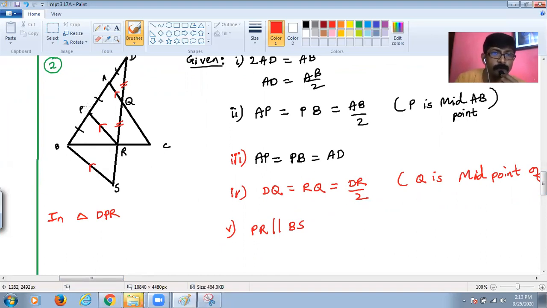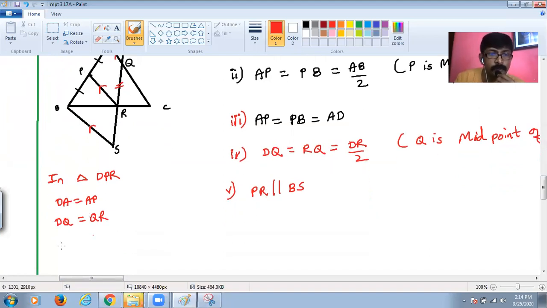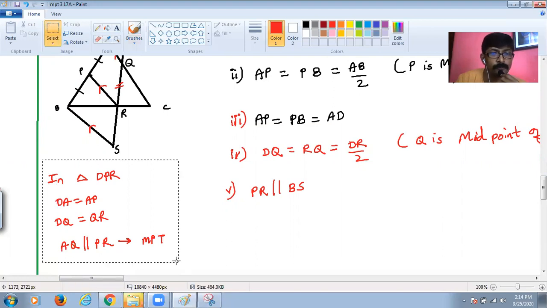In triangle DPR, DA is equal to AP and DQ is equal to QR. So we can say that AQ is parallel to PR, and we say this is by MPT. I hope you understood this.